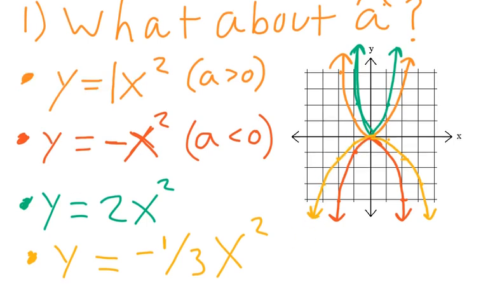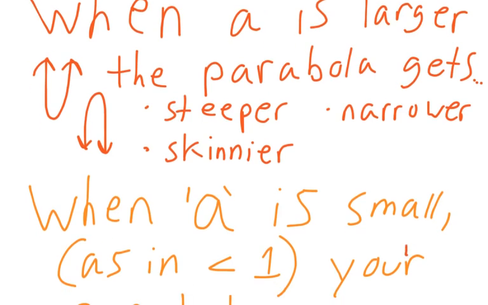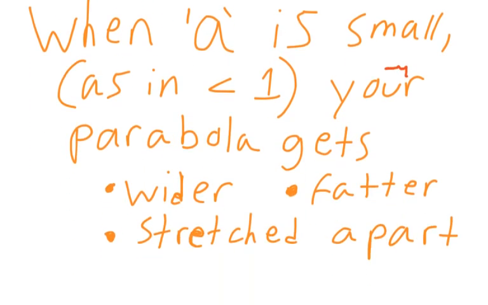You see like that. So basically, for A, when A is larger, the graph gets steeper, narrower, skinnier, however you want to call it. So something like this, right, very narrow, or something like this if it's negative. Right, very skinny. That's what happens when A is big. A is like 2 or 5 or 10 or something like that. When A is small, and I mean by tiny I mean less than 1, so a fraction. Something like 1/2, or like the one before 1/3 or 2/3, something that's less than 1, right?